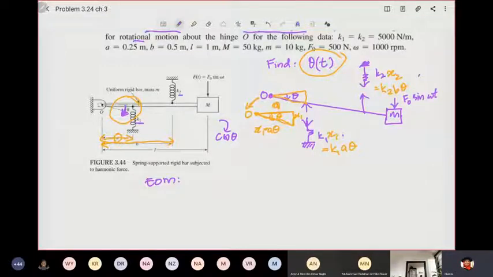The general equation is J theta double dot, because this is a rotational system, equals the summation of moments, and you have to identify the positive direction. What is the positive direction, class, in this question? Clockwise. You have to follow the question.